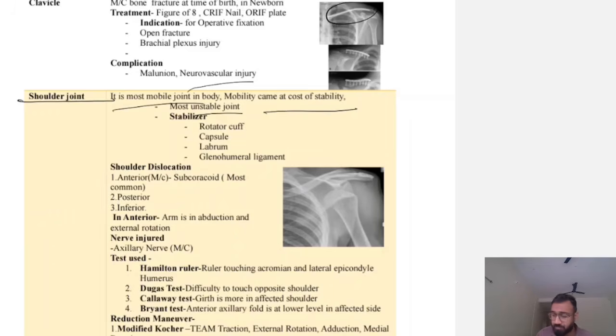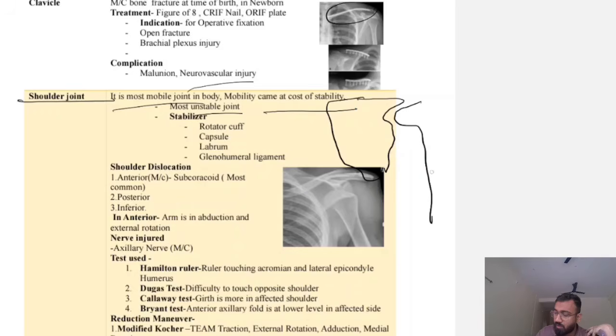Okay. Now, have you ever imagined why these two arms are not going downward because of gravity? They should separate because of gravity. Have you ever imagined? But it did not. Why? Because there are so many ligaments, so many muscle attachments at the shoulder joint level. This is the scapula.